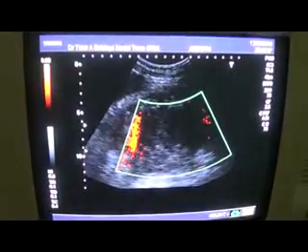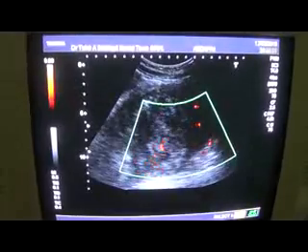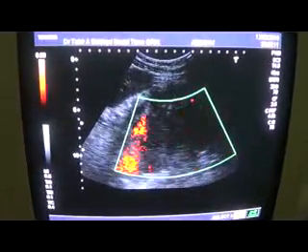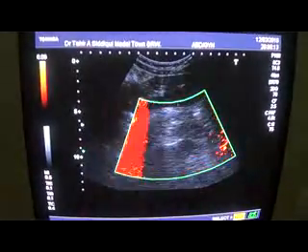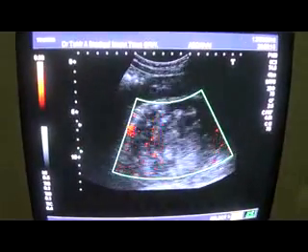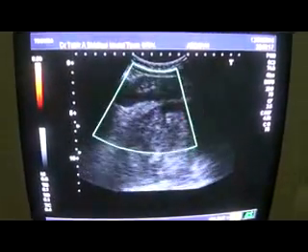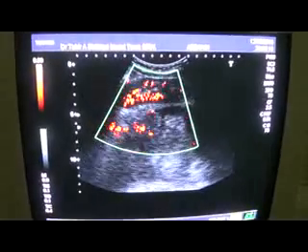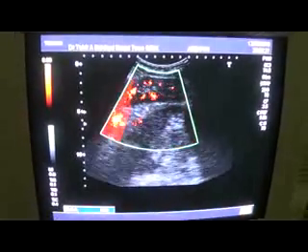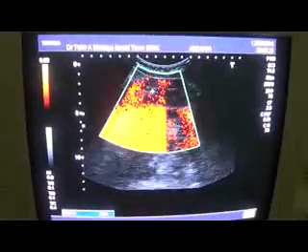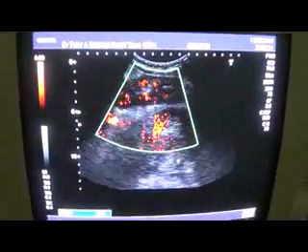extending from the left lumbar region medially and inferiorly, and displaces the kidney. This is the kidney that we are seeing anterior to this mass, and this is the mass.